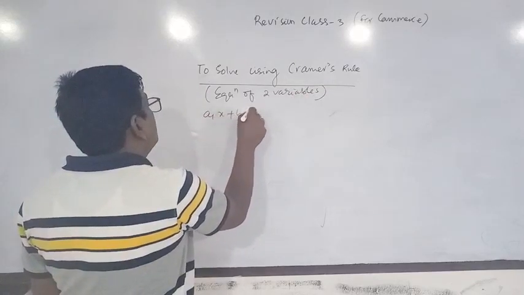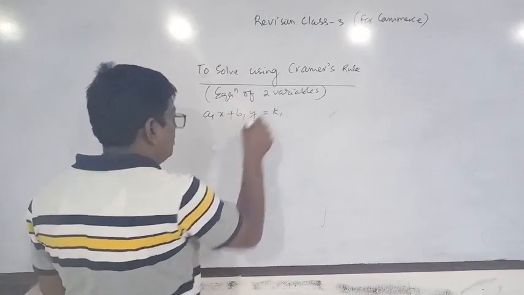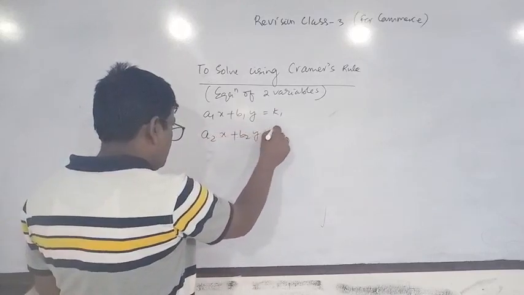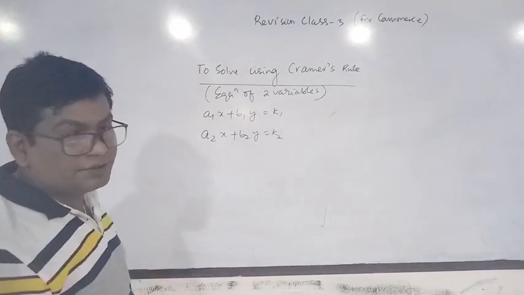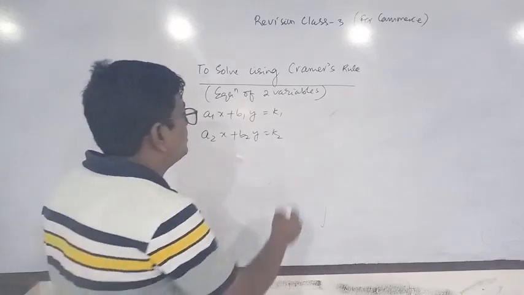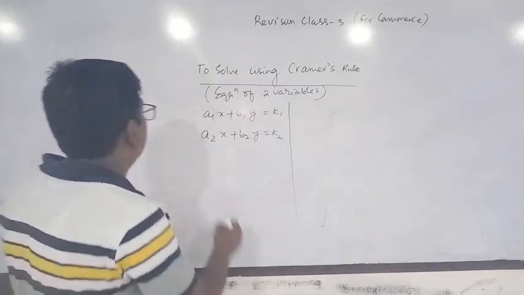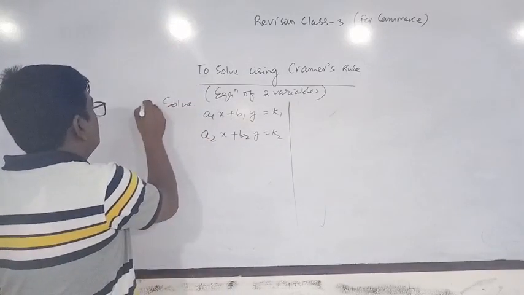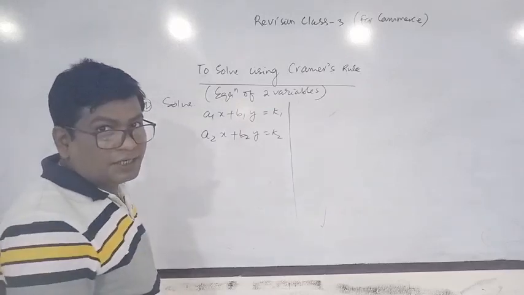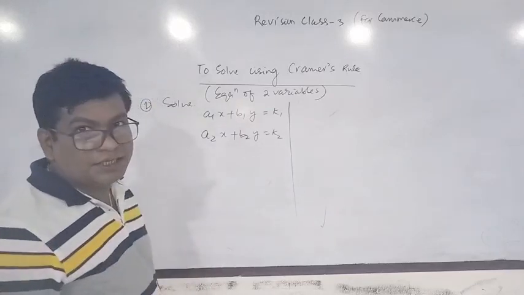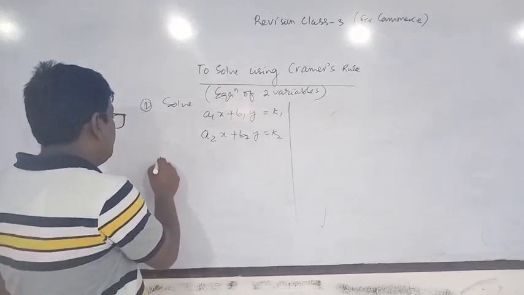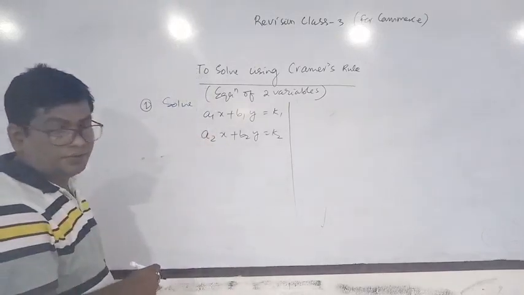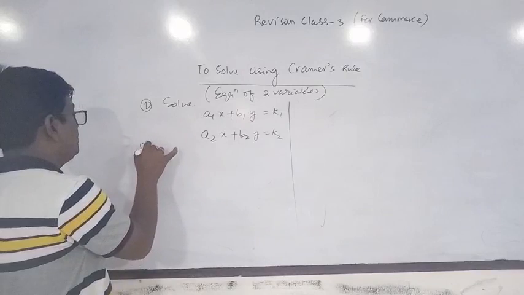a1x plus b1y is equal to k1, a2x plus b2y is equal to k2. The question is: solve using Cramer's rule. First write the solution.